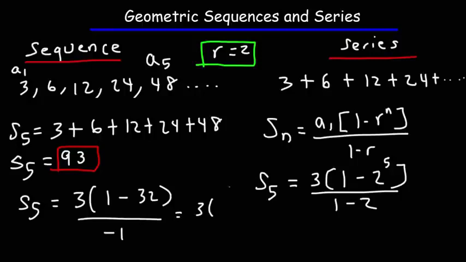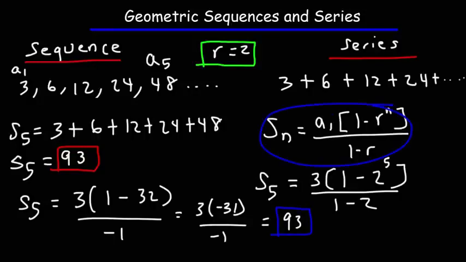Now 1 minus 32 is negative 31. 3 times negative 31, that's negative 93, but divided by negative 1, that becomes positive 93. So we get the same answer. So anytime you need to find the sum of a finite series, you could use this formula.